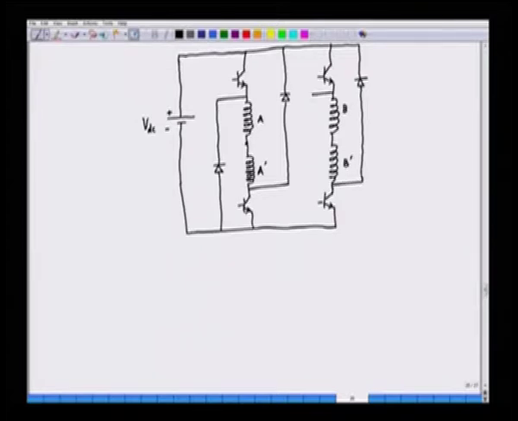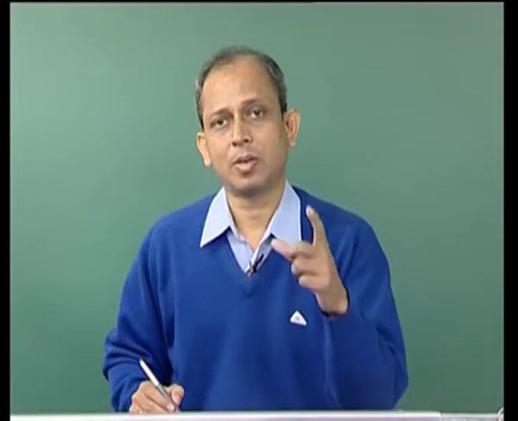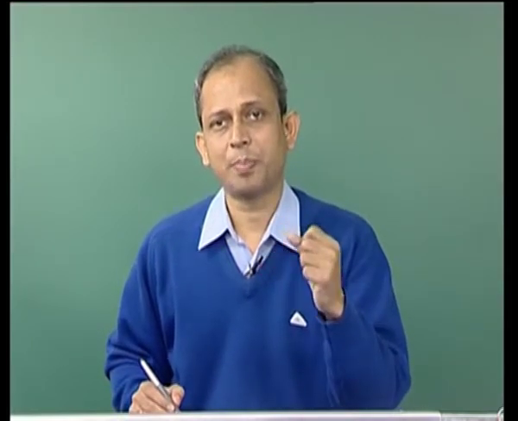Similarly, we have another diode here, and the same thing will be for phase C and D. So, here what we do in this case is that the transistors are switched in pair.